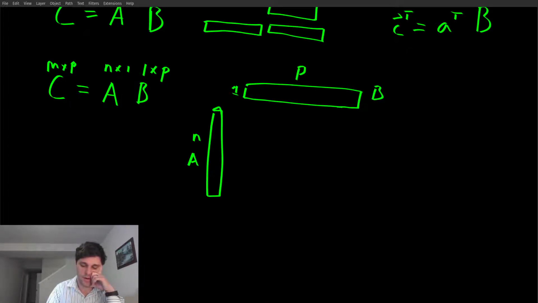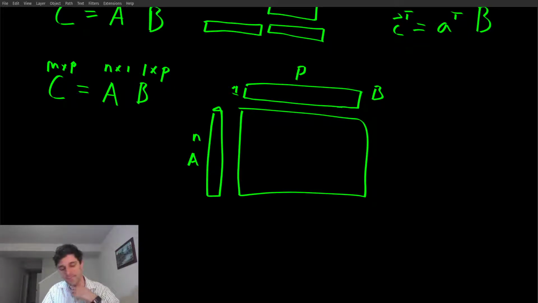This is B over here. And our output matrix, C, is then m by p. So this one is interesting. It's kind of like we put in vectors but got out a matrix. But the matrix is a very simple matrix in some ways.